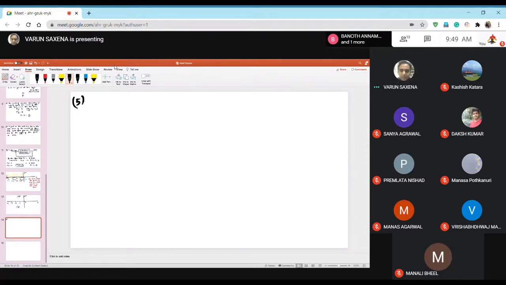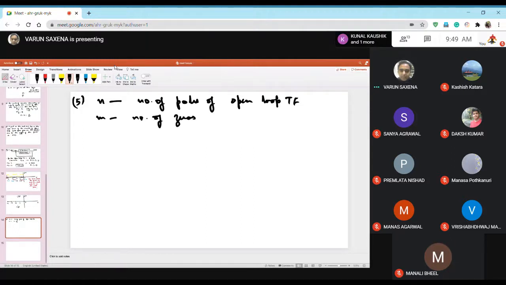So the rule is now, let us say that n is the number of poles of the open loop transfer function and m is the number of zeros of the open loop transfer function.